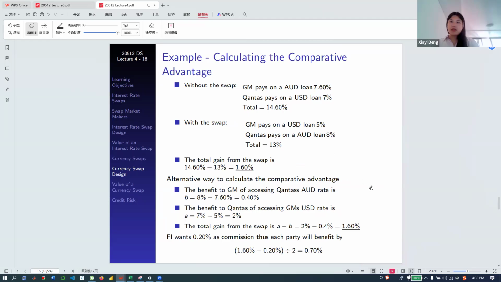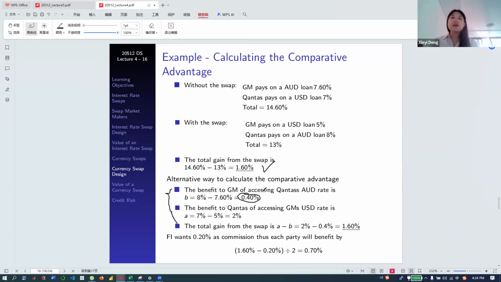So this is what we have pretty much already done. And here again, this is the alternative way of calculating the total gain. You can separately calculate the benefit or loss to General Motors and the benefit or loss to Qantas. Note that this 0.4% for General Motors is actually a loss.